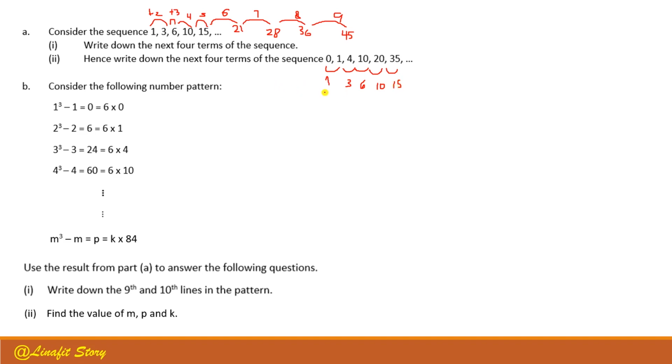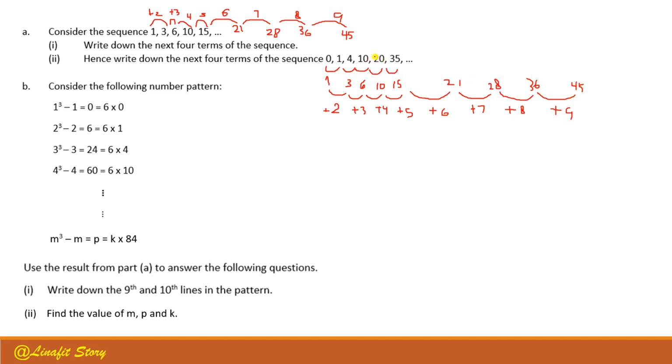So now over here, look at the pattern. 1 to 3, plus 2. 3 to 6, plus 3. 6 to 10, plus 4. 10 to 15, plus 5. 15 plus 6 is 21. 21 plus 7 is 28. 28 plus 8 is 36. 36 plus 9 is 45.